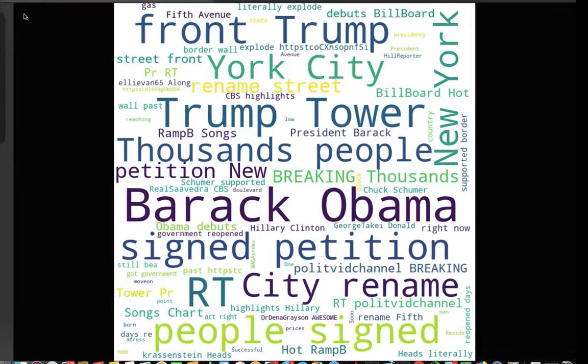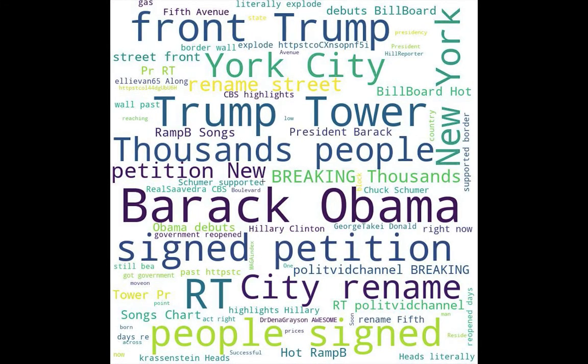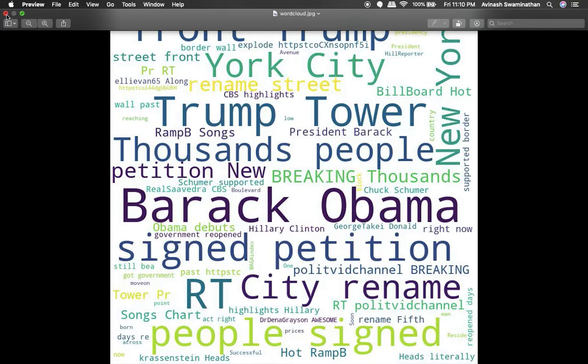So these are some of the words which are being spoken about when people talk about Barack Obama. They have signed a petition, Obama Youths, Fifth Avenue, front of Trump, rename a street, supported border. So obviously the border wall issue that is going on, people are talking about that.